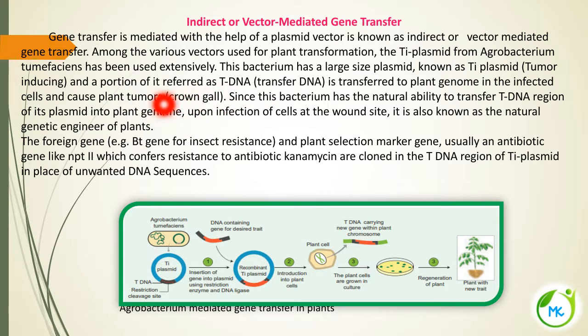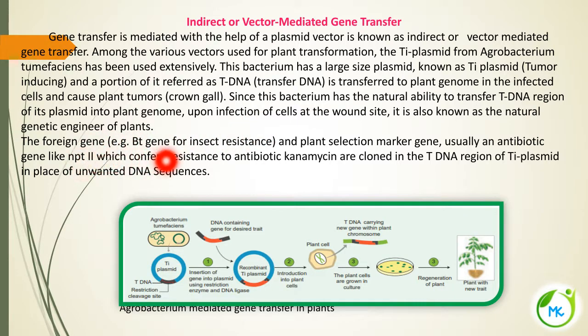Since this bacterium has the natural ability to transfer the tDNA region of its plasmid into a plant genome upon infection of cells at the wound site, it is also known as the natural genetic engineer of plants, because it can be introduced into the plant cells.